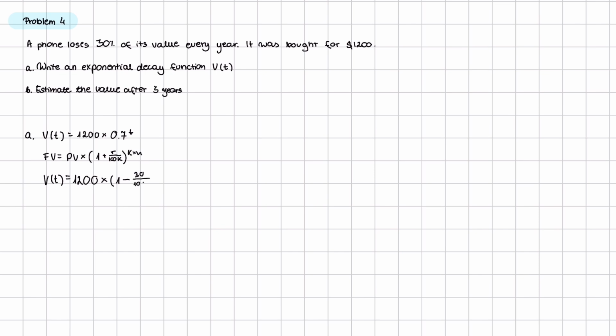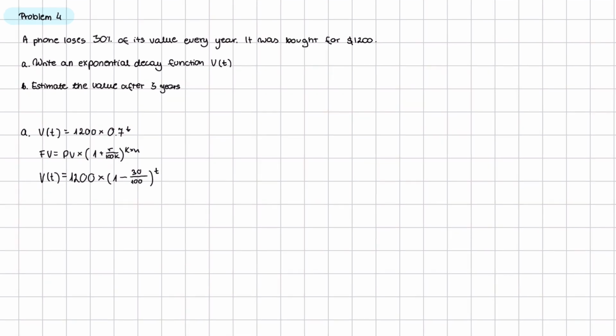We have here 100. K is compound interest, so when we have a growth or decay function, we don't write it, it's just 1. And here we have K, so also compound interest, so it's 1. And n, we are substituting different time, so time stays as t. And if we simplify it, you will see that it is the same.